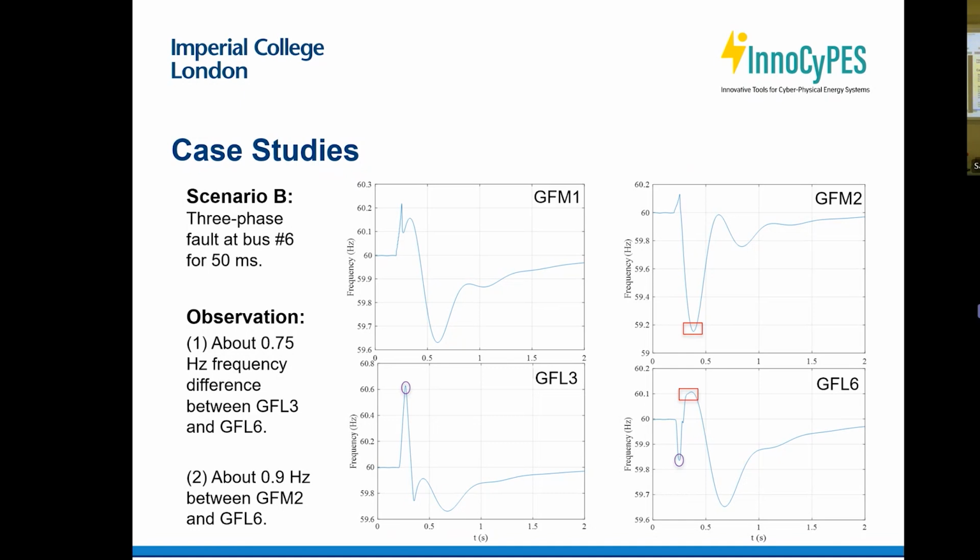You know what the reason is? Because grid following converters do not read the frequency directly. They read the frequency based on the voltage. And the voltage during the fault is disturbed, and the reactive power flow is also disturbed. So now we can see that with grid following, there is a high link between reactive power and voltage, and frequency and synchronization.